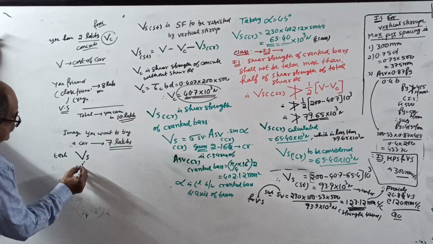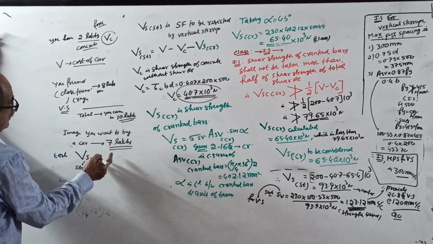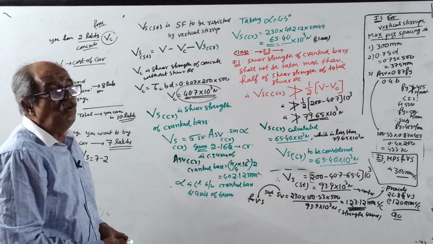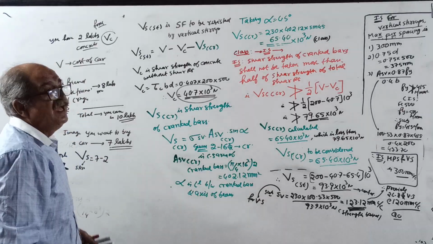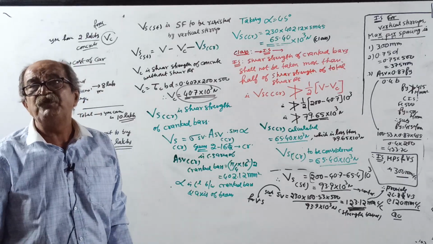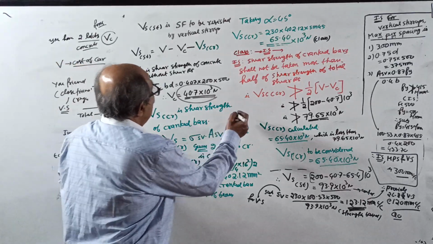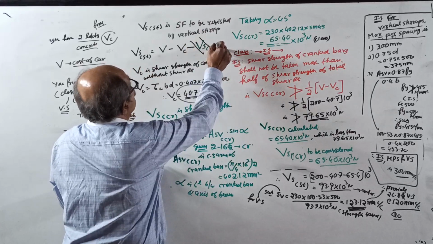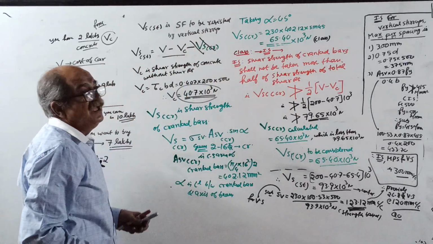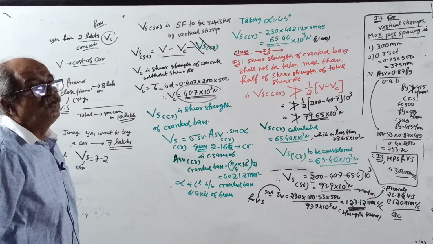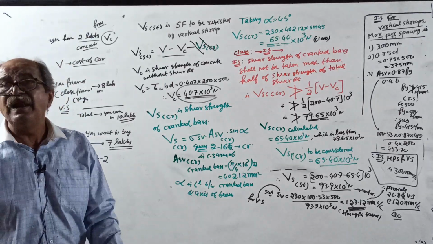How much money do you require from your friend? You want to buy a car of 7 lakh. Earlier, we take V minus VC. You require 7 lakhs, you have 2 lakhs with you, so 5 lakh rupees is the loan required.